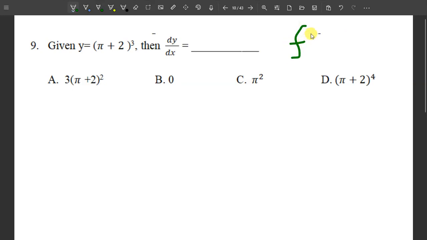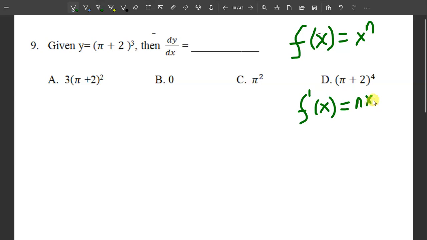Let me show you. Given f of x, for the power function, f of x is equal to x to the power of n. We have already said the derivative of this function, known as a power function, becomes f prime of x equal to n times x to the power of n minus 1.